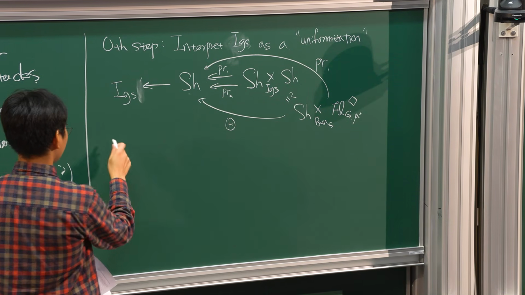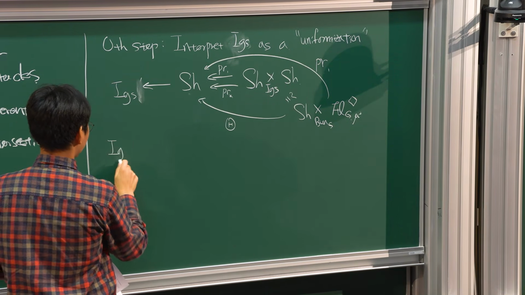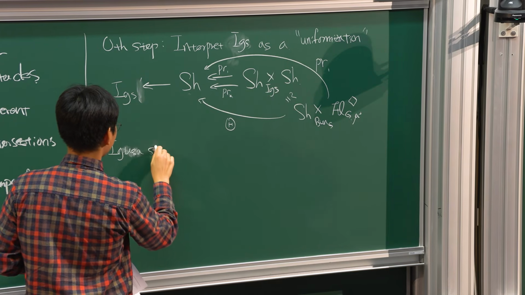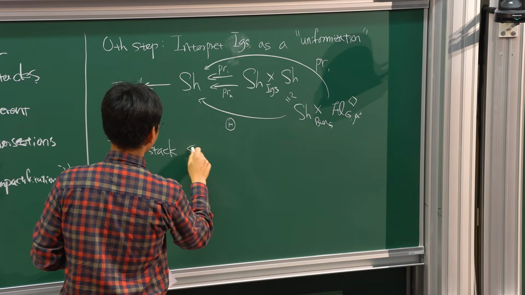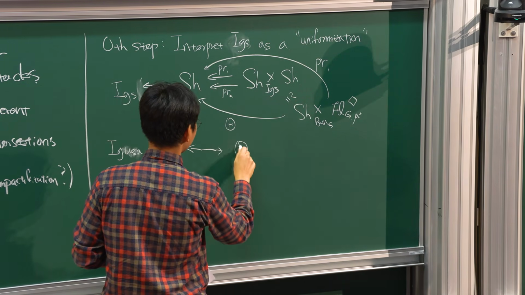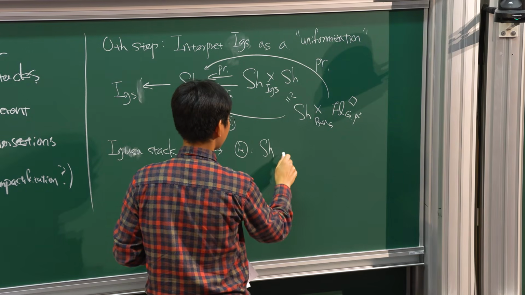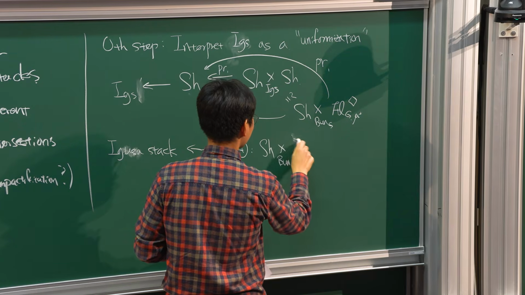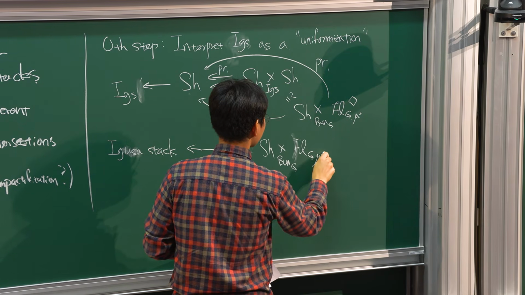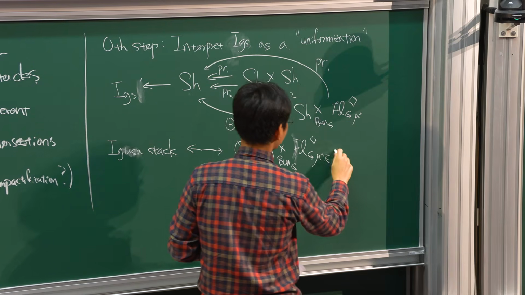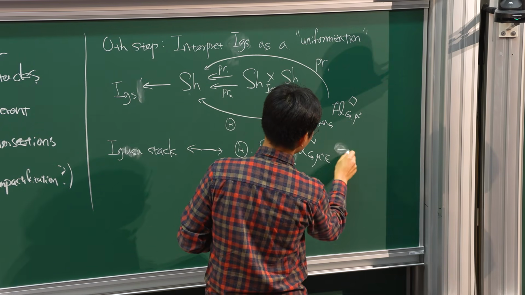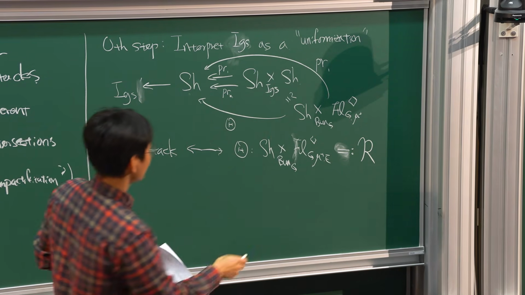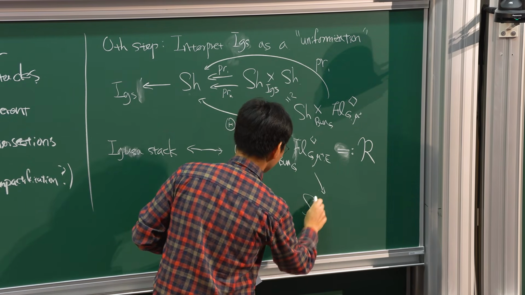So the Igusa stack basically corresponds to a theta from this relation, G mu inverse E, which I'm going to call just R for relations, to the Shimura variety.